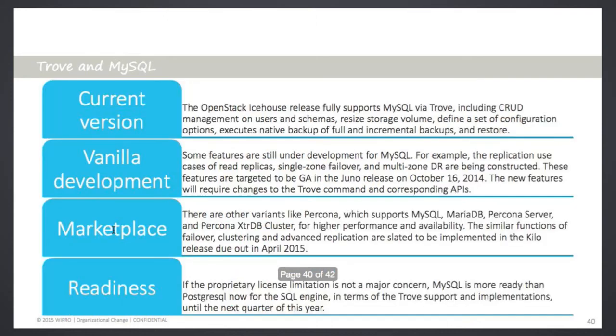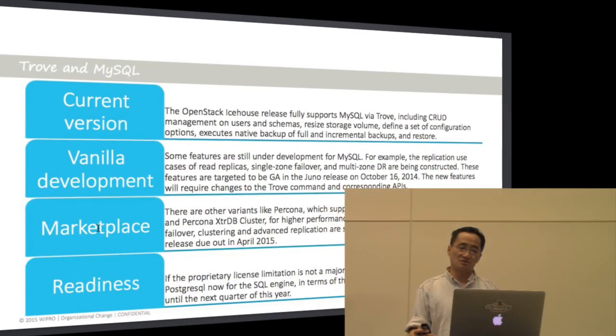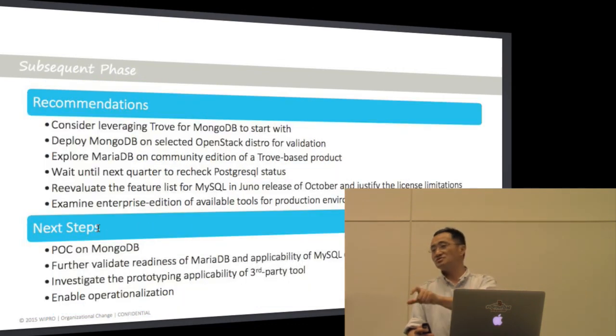We looked at different things like Trove with MySQL, which is probably the most mature piece you can leverage. For MongoDB with Trove, there are some gaps we identified. So I made some recommendations to the customer. This is our investigation, these are our findings, this is what we propose, what you need to do, incrementally doing some POCs, assessing the features, and then the next step, moving forward.